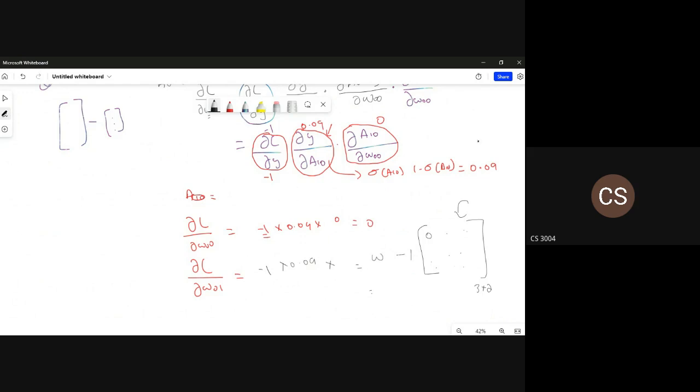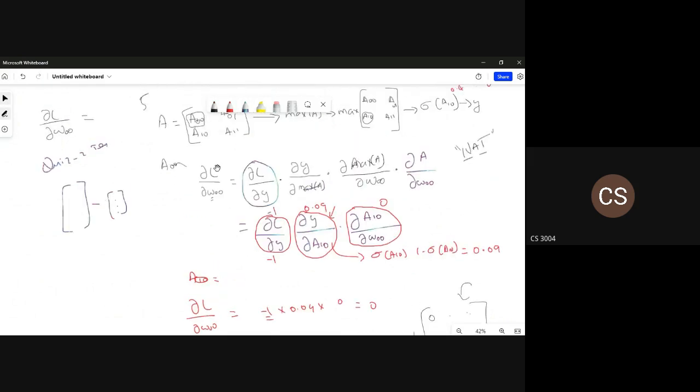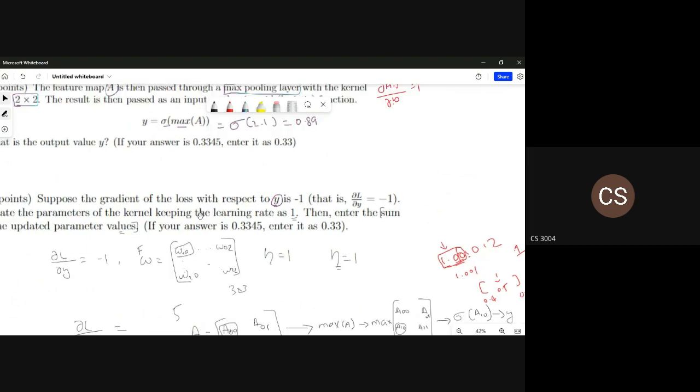The key idea I keep re-emphasizing is that you write everything explicitly, be it this formula or the convolution operation, which is quite straightforward.